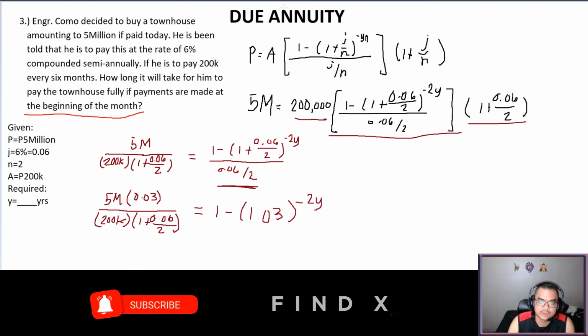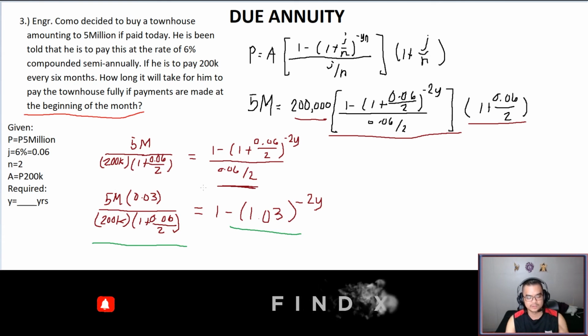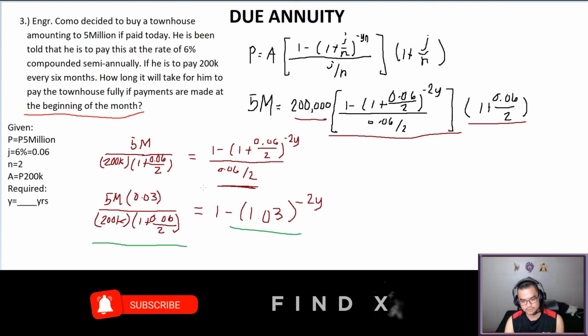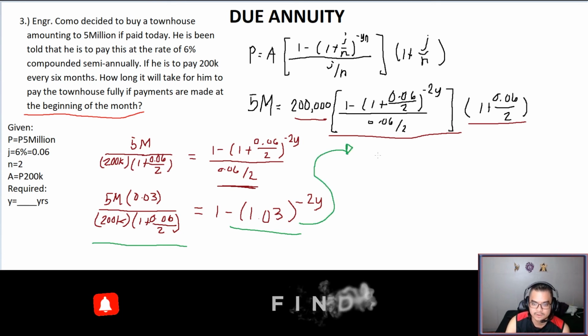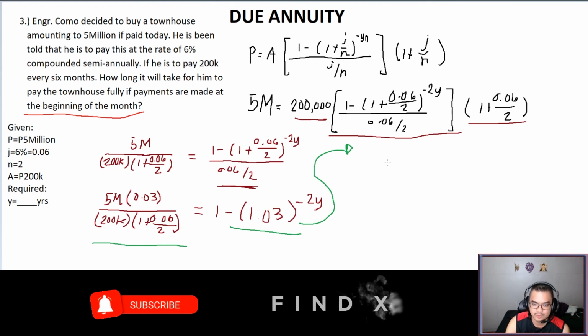Okay, so next we can transpose this and then transpose all of this. So going here, this will be transposed.